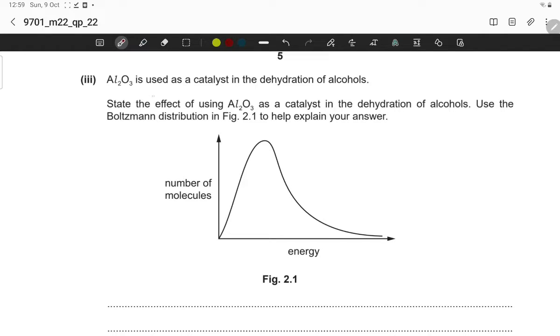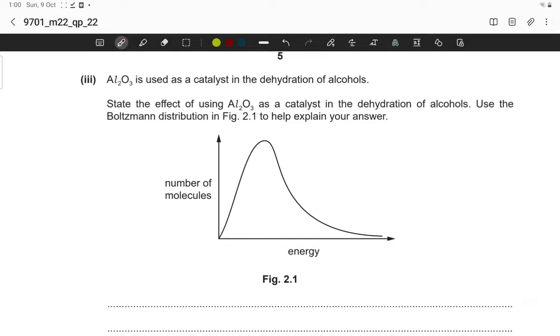Third part: aluminum oxide is used as a catalyst in the dehydration of alcohols. State the effect of using aluminum oxide as a catalyst in the dehydration of alcohols. Use the Boltzmann distribution in figure 2.1 to help explain your answer.